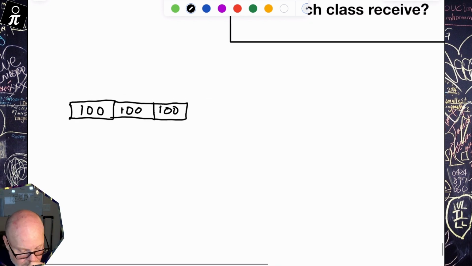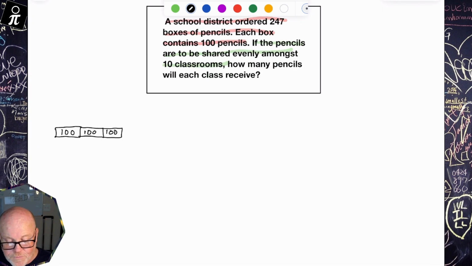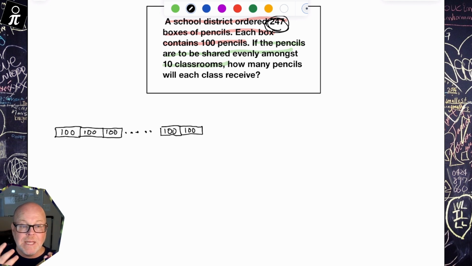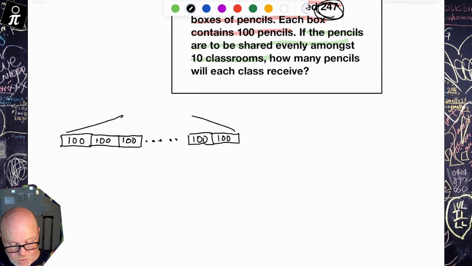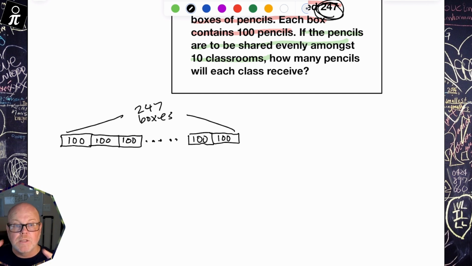And instead of trying to draw all 247 boxes, I'm just going to use a dot, dot, dot, dot, dot, I guess, a few, it doesn't really matter, just to say, hey, we're still going. And there's our last two boxes of pencils with 100 pencils in each. And so I'm going to indicate that this is 247 boxes right here with a little bracket, saying, all right, there's 247 boxes.